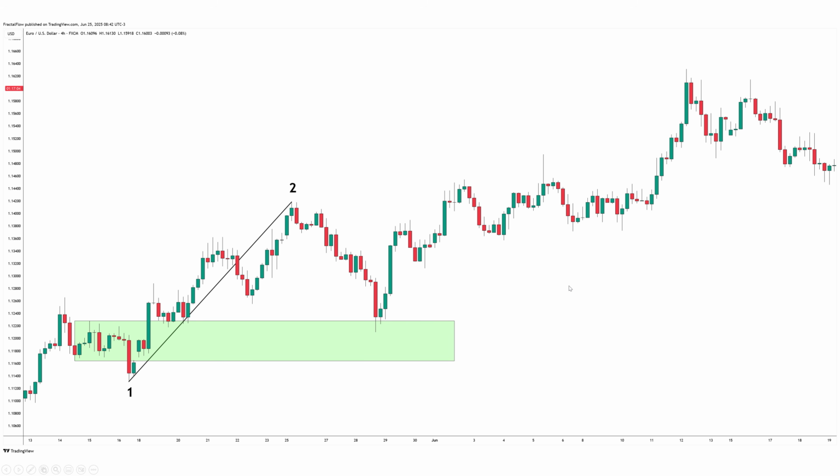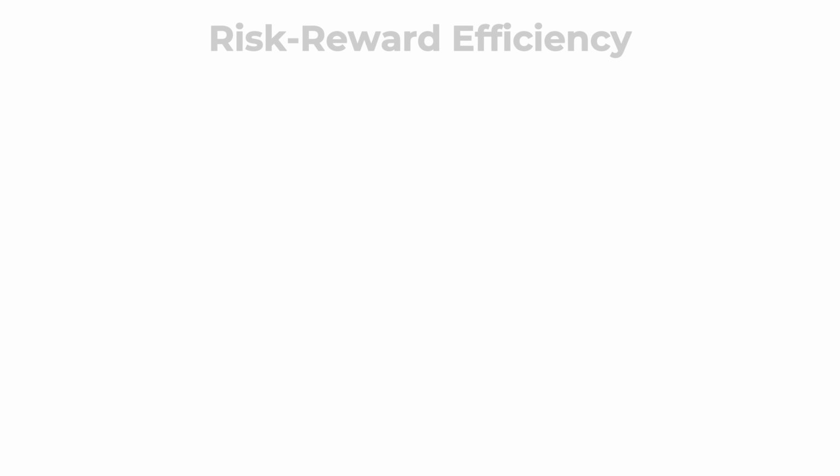However, identifying the base out of which a significant move comes out is only a rough estimation for a supply or demand zone. We need more surgical and objective techniques. There are ways to draw zones based on a rough estimation, and there are ways of drawing zones with extreme accuracy. The more precise a zone is, and the closer to the stop, the better its risk-reward efficiency, which is extremely important.